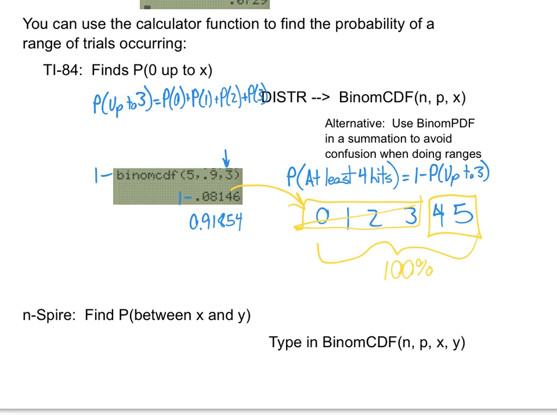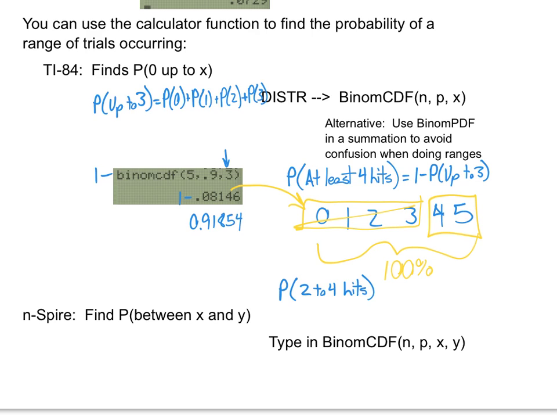The thing where it gets really tricky, and this is where the Nspire is really nice because they have your starting and your ending, is what if we wanted the probability of, let's say, 2 to 4 hits? We could do the PDF 3 times.